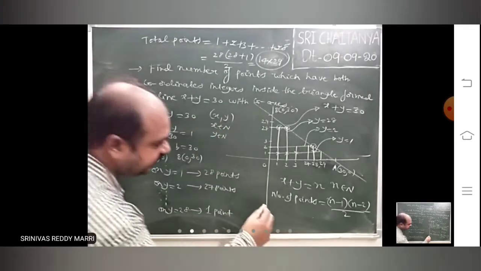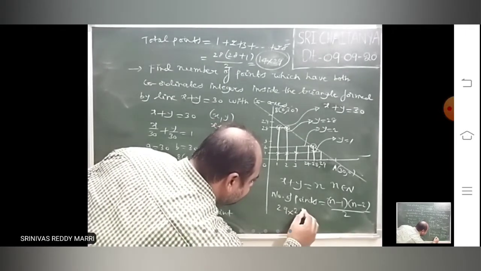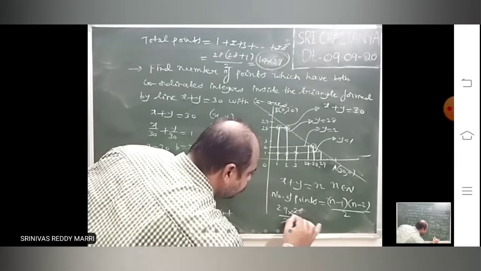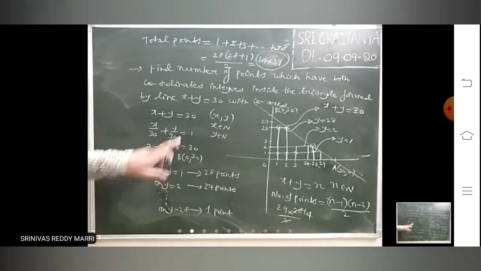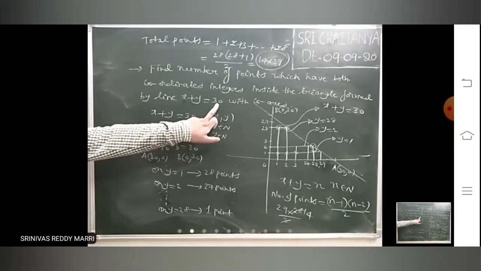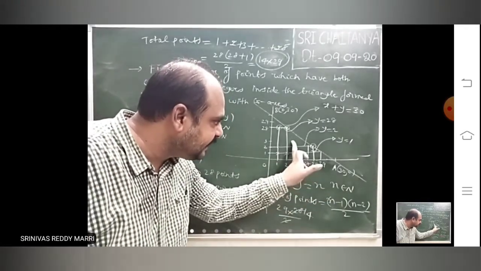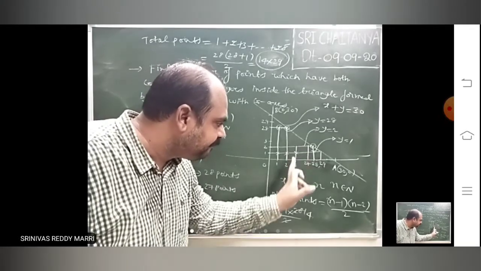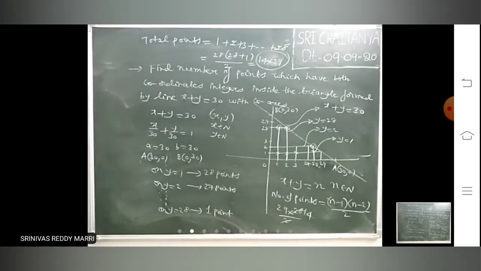Now here n is 30, so 29 into 28 divided by 2. You will get 14 into 29. That is the answer. If it is given x plus y equal to n, use the formula: the number of points which lie strictly inside the triangle such that both x and y coordinates are integers is n minus 1 into n minus 2 by 2.